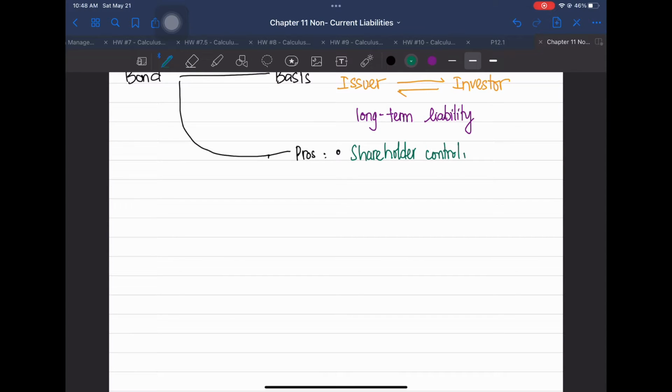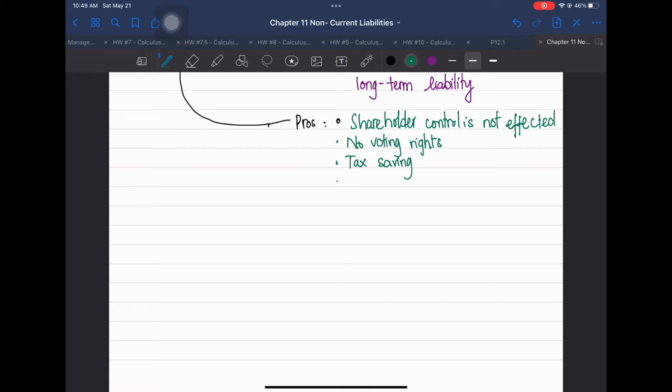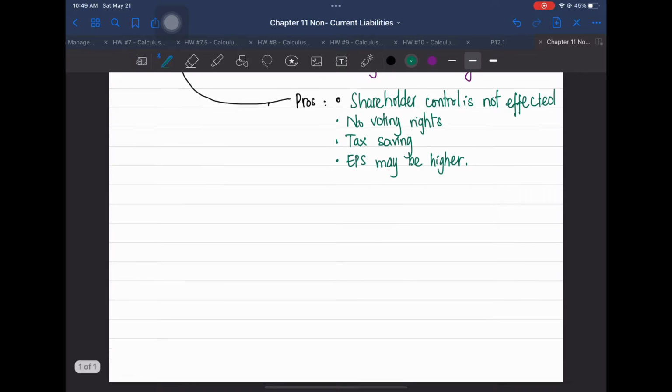So there are some advantages and disadvantages of bonds. The advantage is that shareholder control is not affected, because bondholders don't have voting rights, and the shareholders have full control of the company. Second is tax savings, and then earnings per share may be higher.